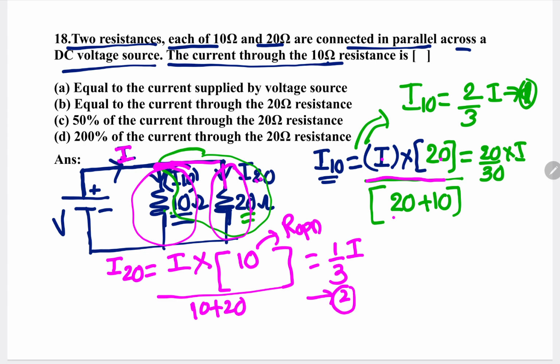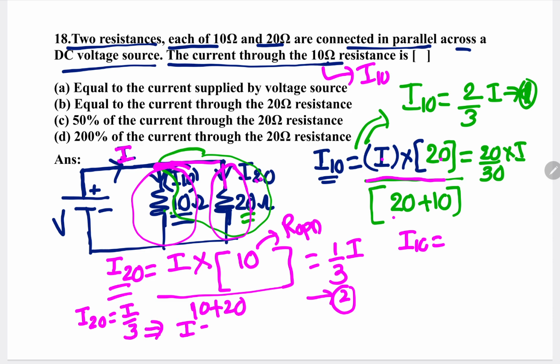But I want the relation between I10 and I20, because the current through the 10 ohm I am assuming as I10, and the current through the 20 ohm I am assuming as I20. So I10 is equal to 2 by 3rd into I. From the second equation, I20 is equal to I by 3. From this, I can write I is equal to 3 into I20.